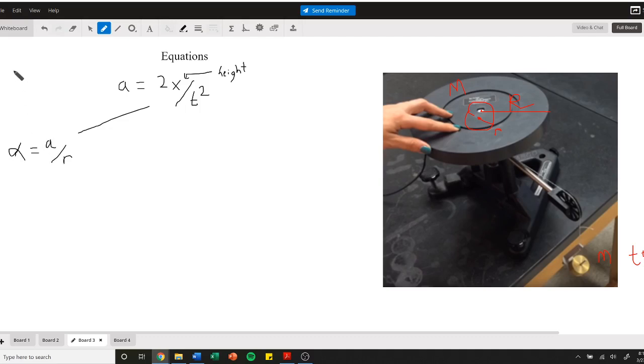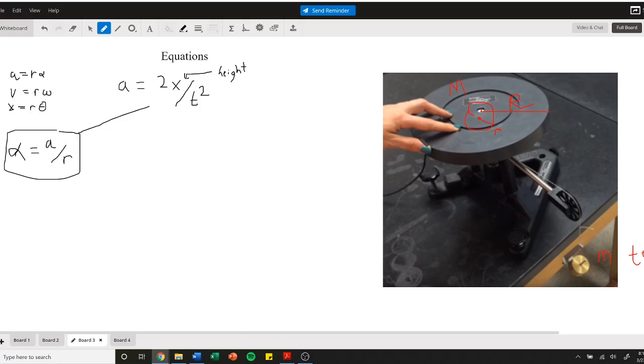So we see a is equal to r alpha, v is equal to r omega, and x is equal to r theta. This is moving from circular coordinates to regular coordinates, and we're moving back in this equation. So this is one major equation. You're going to be doing this more in class.